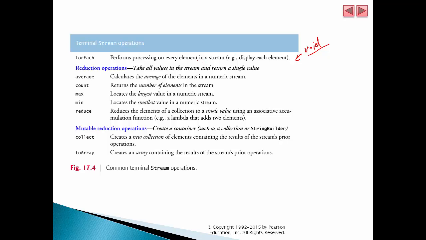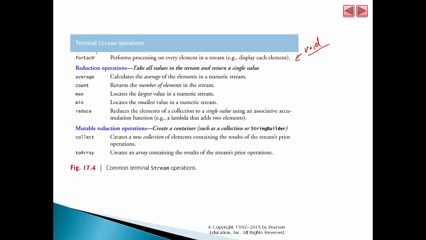It could be a printout statement, or maybe some lambda method with a side effect, so it mutates or modifies something outside the method itself, like something inside the class. Some method with a side effect can be placed into the forEach method.